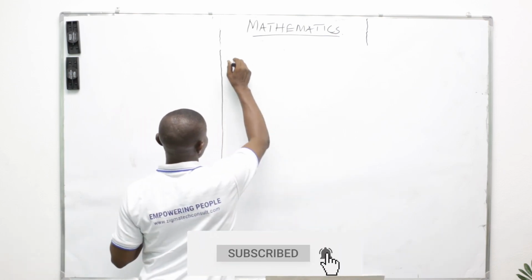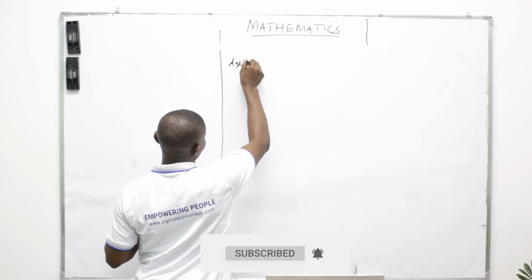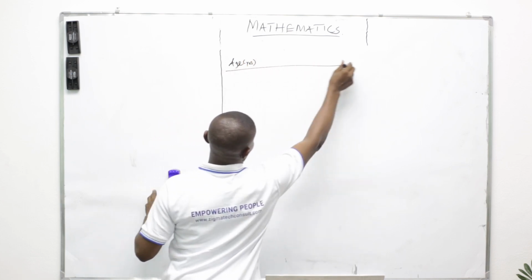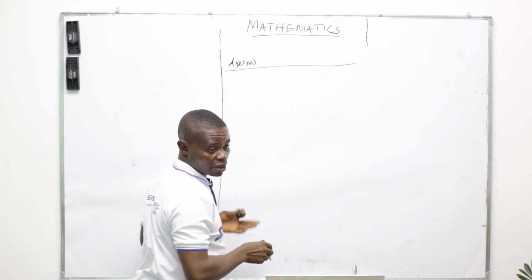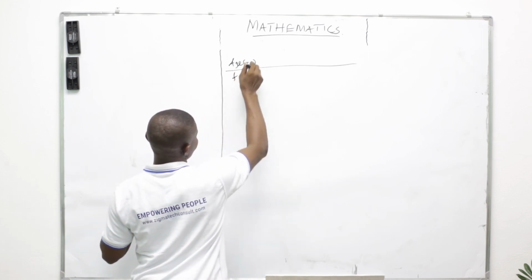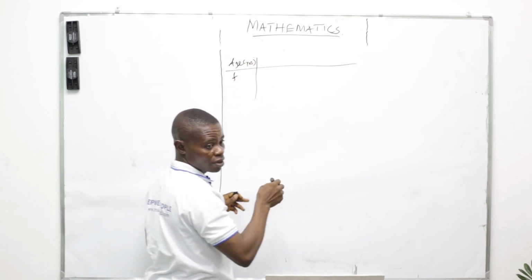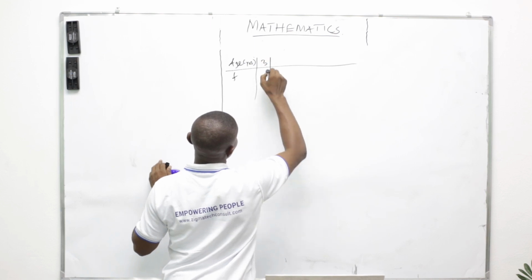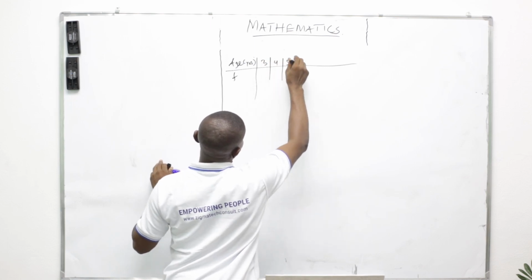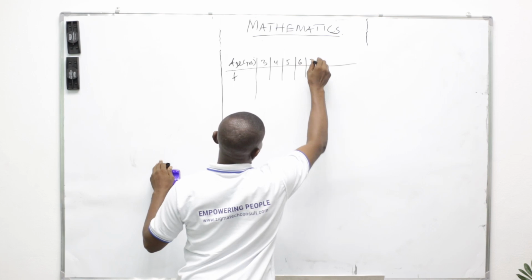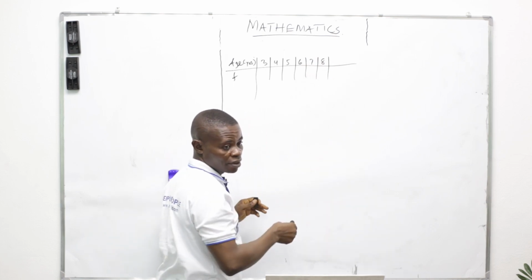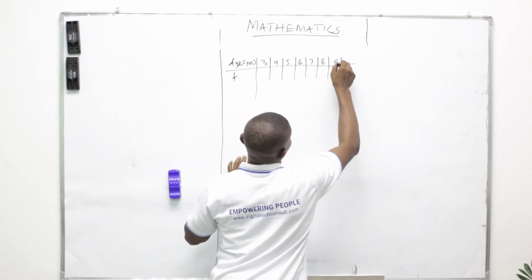Now you have the age in years, the frequency, that's the number of children, you call it frequency. I have 3, 4, 5, 6, 7, 8, 9, and 10.